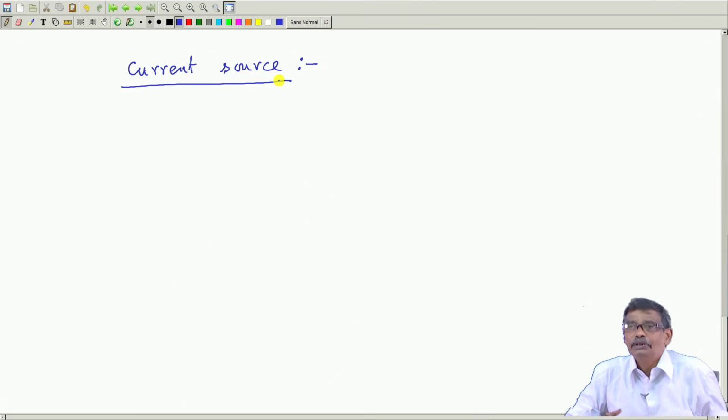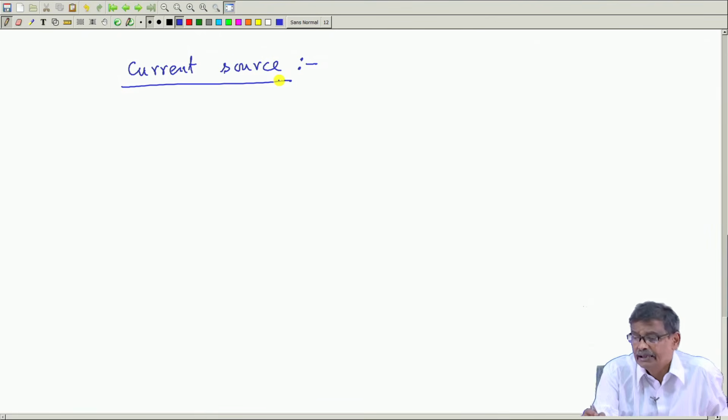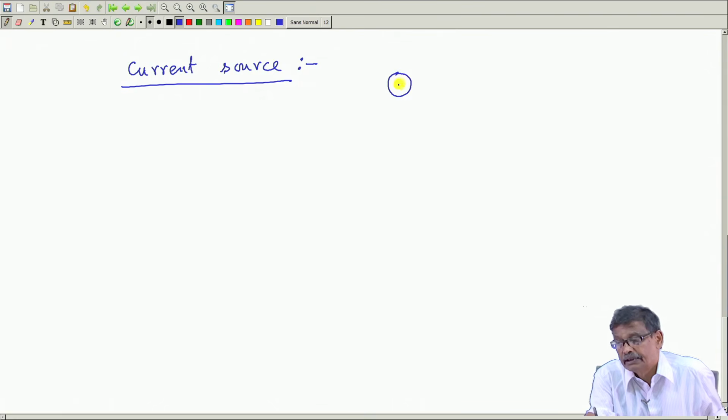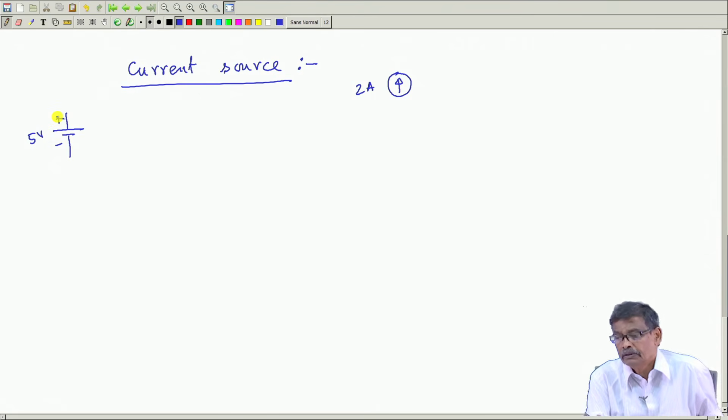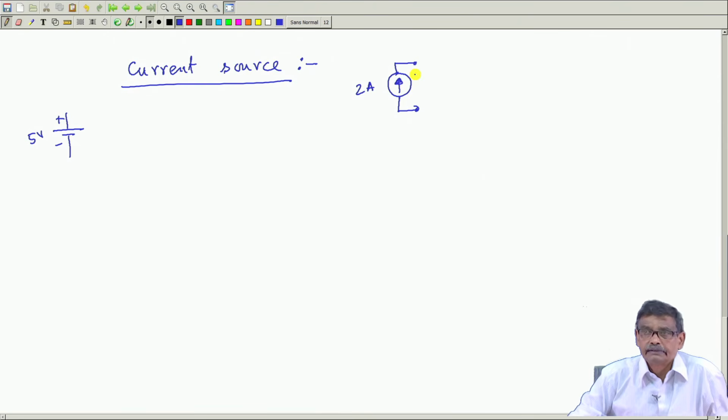As I told you, we are not used to current source, and I simply told you it is represented like this. A current source may be a 2 ampere current source. For example, a battery, ideal battery may be written plus minus 5 volt. So, a current source with 2 terminals will be represented like this, symbolic representation.